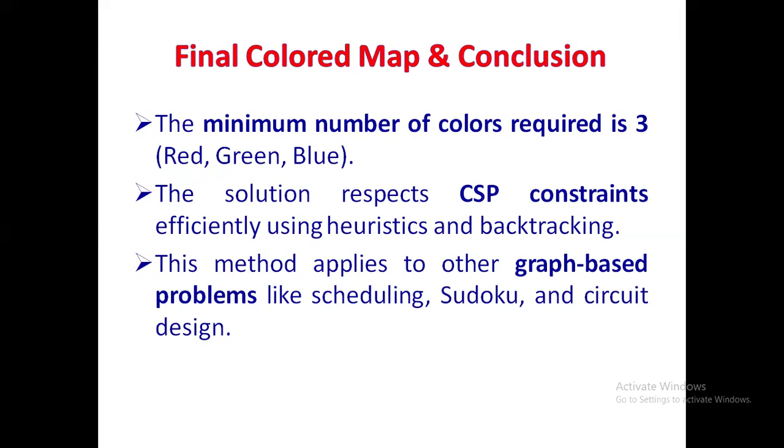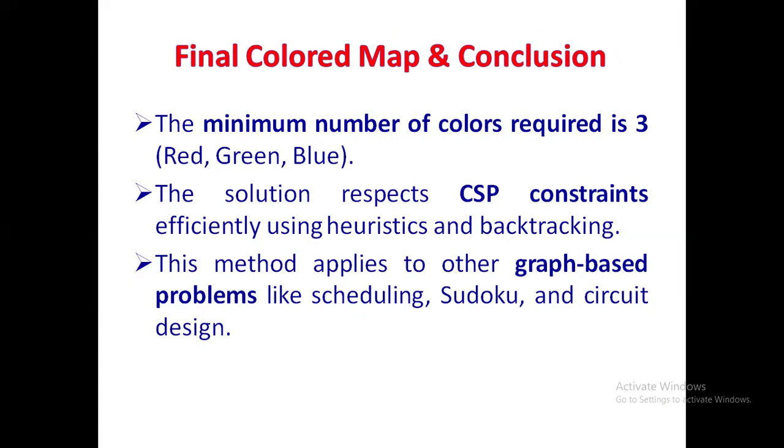The color assignments were made efficiently using backtracking and heuristics, ensuring an optimal and constraint-satisfying solution. This structured approach to CSP-based map coloring highlights its broader applications in real-world problems such as scheduling, resource allocation, and circuit design, where constraints must be met systematically and efficiently.